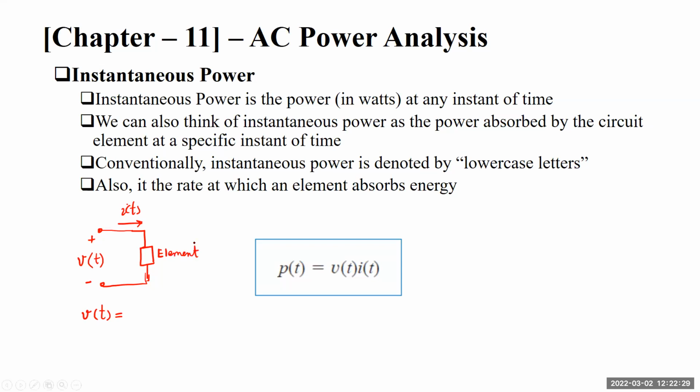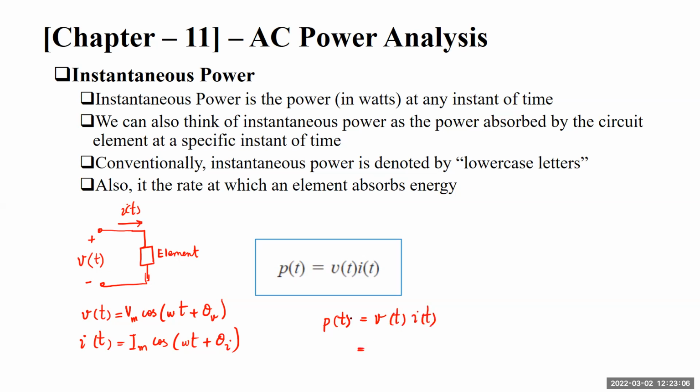So assume that we have a voltage V of t, and V of t is given as Vm cos of omega t plus theta v, and I of t is given as Im cos of omega t plus theta I. And so the overall power for this case will be given as p of t, a multiple of V of t into I of t, and we just simply multiply both of them.